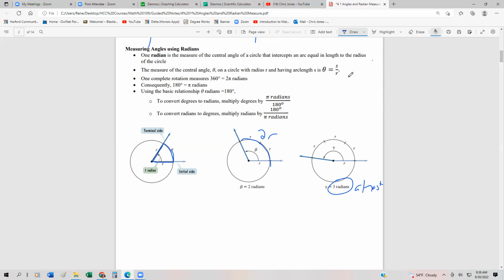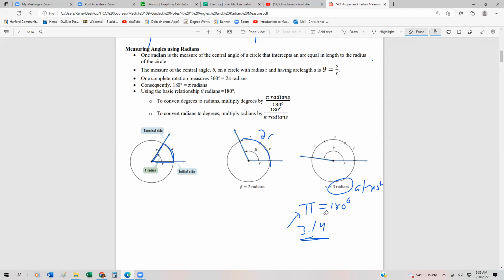But didn't we say that pi was 180 degrees? Most of us probably remember that pi is 3.14159. So if I was to just draw a straight angle, that would be 3.14, etc. radians. These are really close to one another. This 3 radians is almost pi, which is really 3.14, approximately.